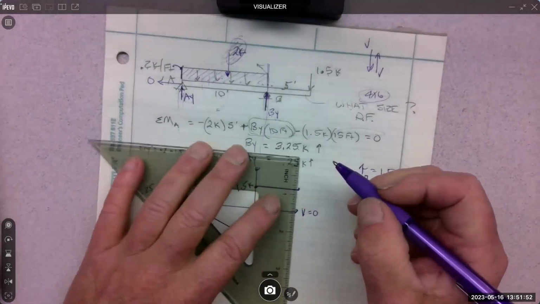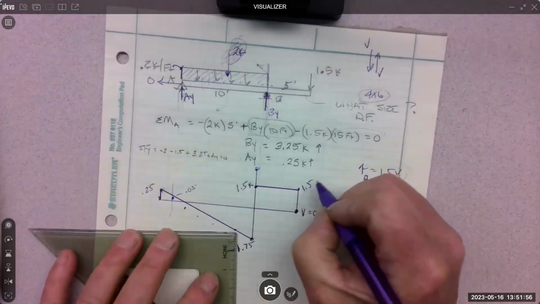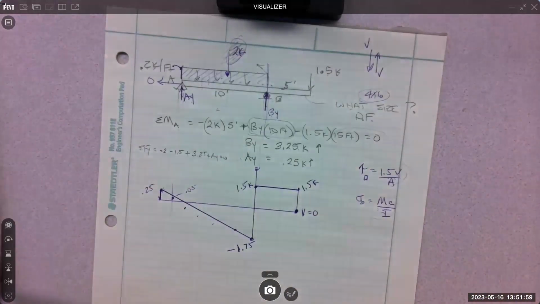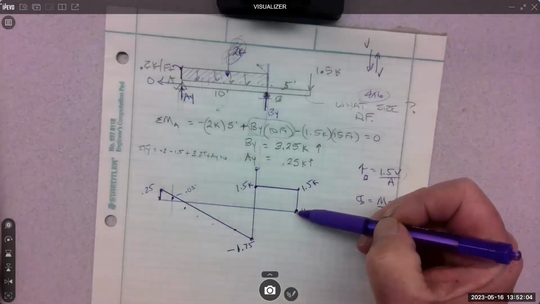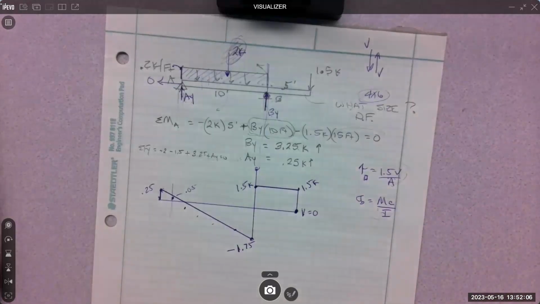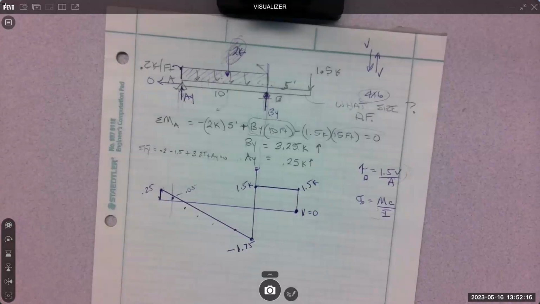And then the shear diagram always returns to 0 if you've done it right, because 1.5K drives it down. That is your first shear diagram. And that's kind of a complicated one because it had a distribution in it. If there's no distribution, it's just a bunch of straight vertical lines and horizontal lines.